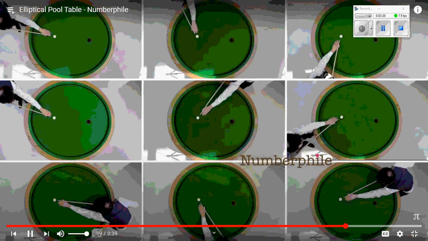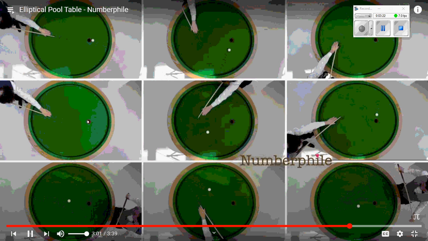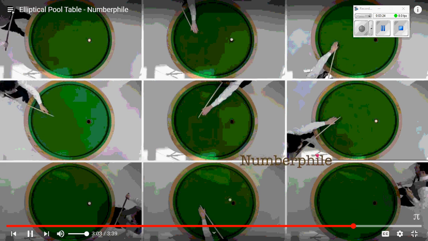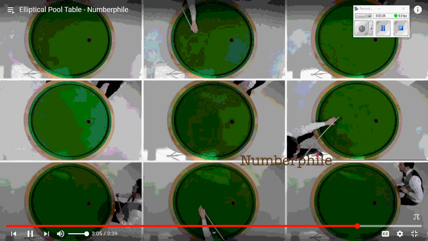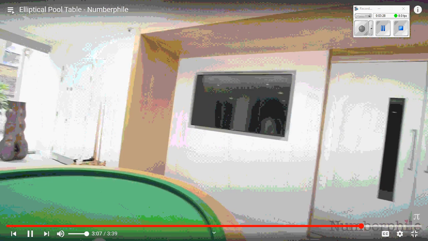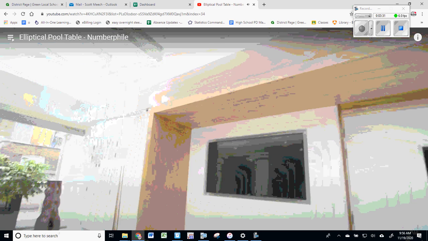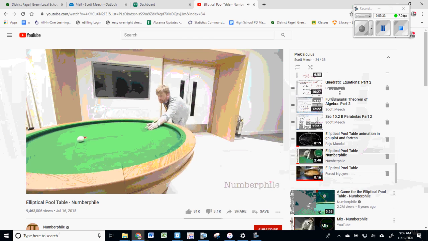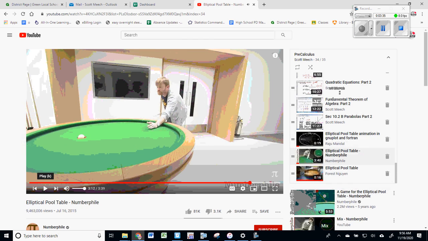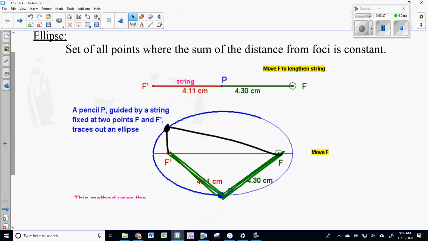There we go. Here's a stream where you can see they hit it all different ways, and all of them bounce directly to the other focus. So there is an example of ellipses.